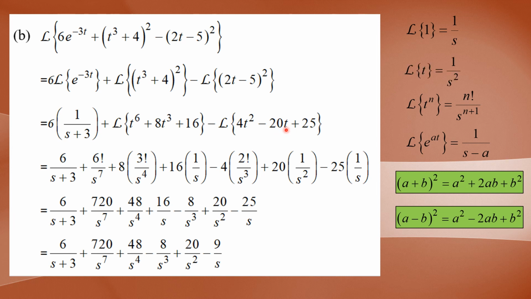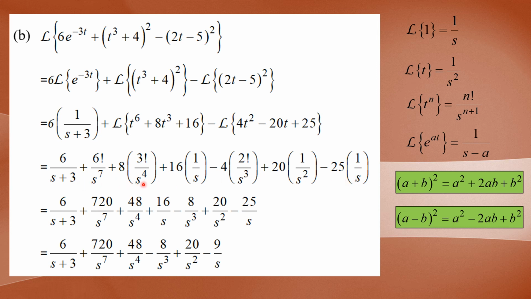From the table of formulas, the Laplace transform of t is given by 1 over s squared. So plus 20 times 1 over s squared. Negative times positive gives negative, then the Laplace transform of 25. 25 is the same as 25 multiplied by 1, and the Laplace transform of 1 is 1 over s. So that will give minus 25 multiplied by 1 over s.